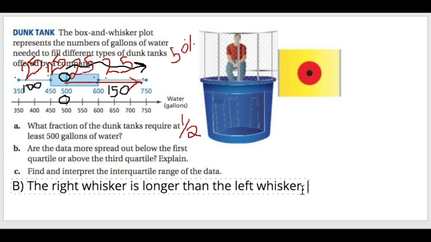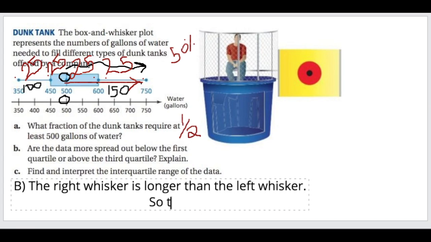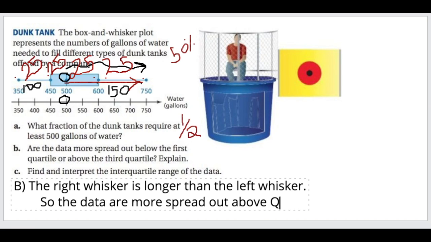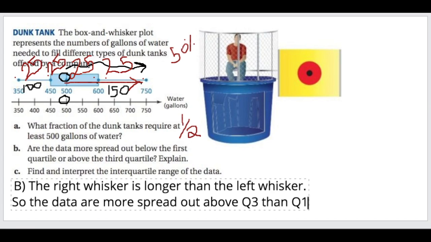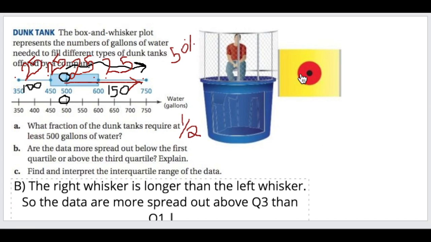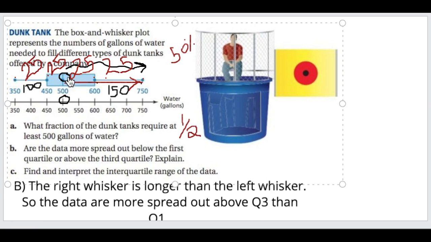I could also say that, due to that, the data are more spread out above quartile 3 than quartile 1. That's just a sample answer that you could give. You could even just see this visually: this is longer than this, so they're more spread out here than there.